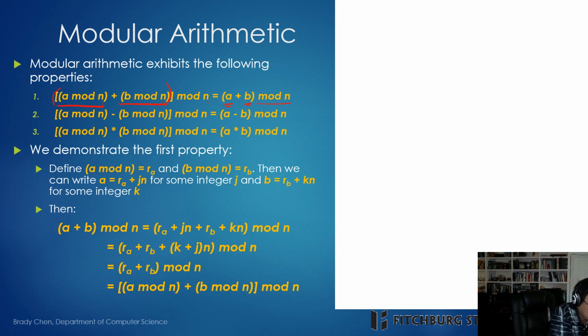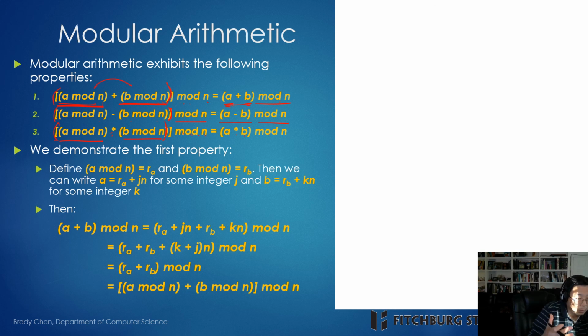So if I want to evaluate A plus B mod n, I can first evaluate A mod n and B mod n, then add these two and then mod n. Also, A mod n minus B mod n, then the whole thing mod n, equals A minus B mod n. Also, that applies to multiplication: A mod n times B mod n, and then mod n again, equals A times B mod n.